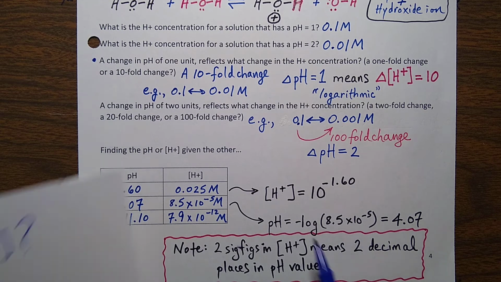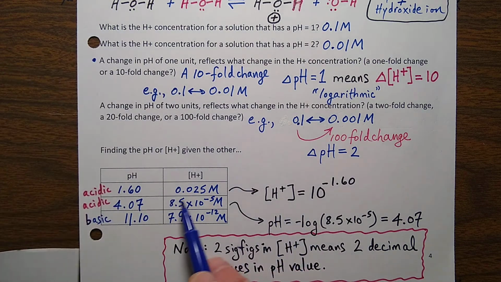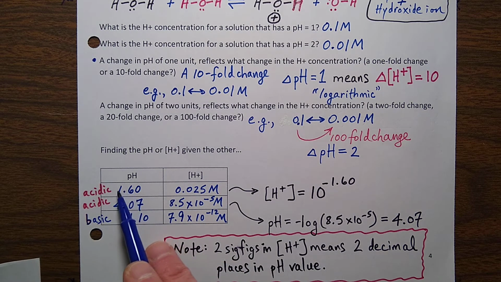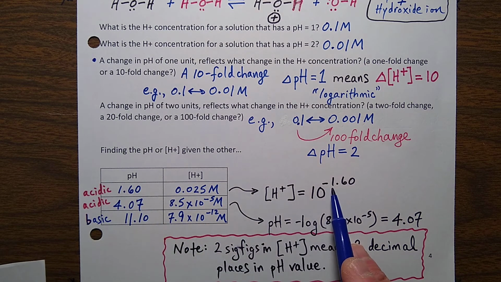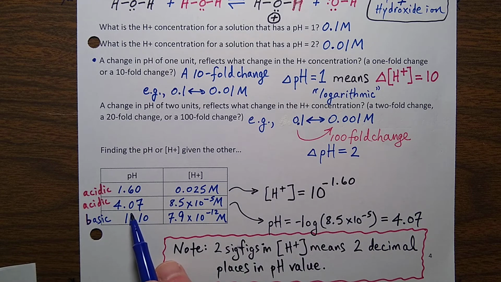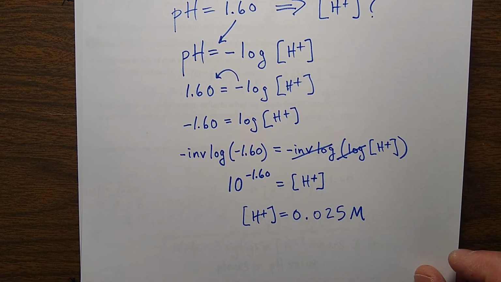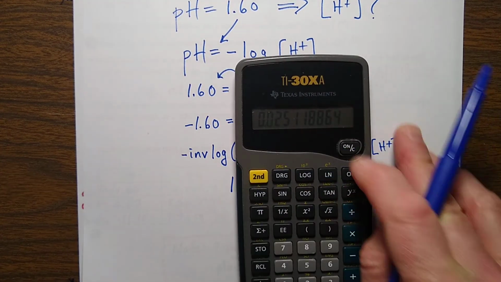How do you check yourself? Notice how I wrote that here: to go from here to here, I raise 10 to the opposite of that number. The other way is a little bit easier. Let me just show you that again. You might want to pause the video just to see. I'll do that one more time with my calculator.